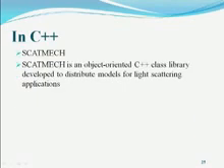ScatMatch. ScatMatch is an object-oriented C++ class library developed to distribute models for light scattering applications. Included in the library are models for diffuse surface scattering that predict distribution functions, and codes for calculating scattering by isolated particles.